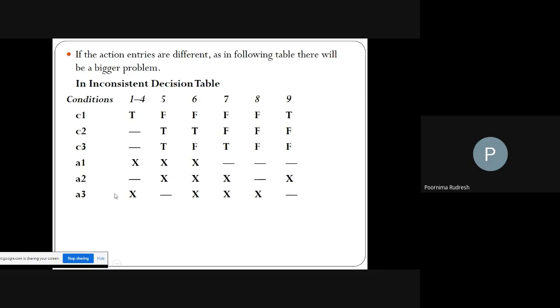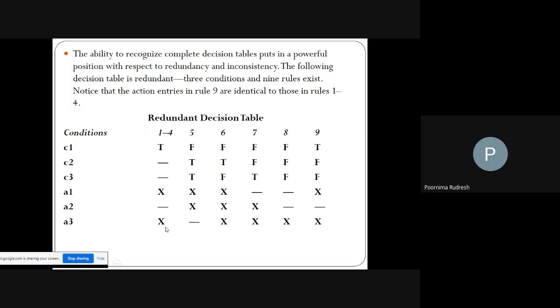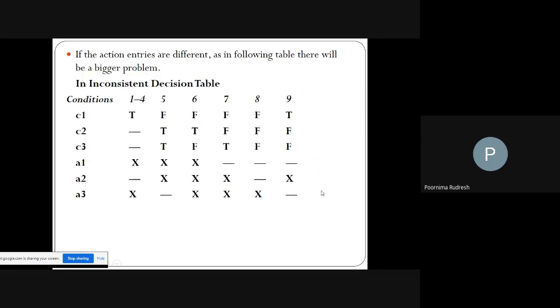But see here in the A3 row, what happens? A3 X is there, don't care, XXX, don't care. But here it is interchanged. X is there, don't care, and after that 4 X's are there, right? But here only 3 X's are there, so it is changed in the actions, right?